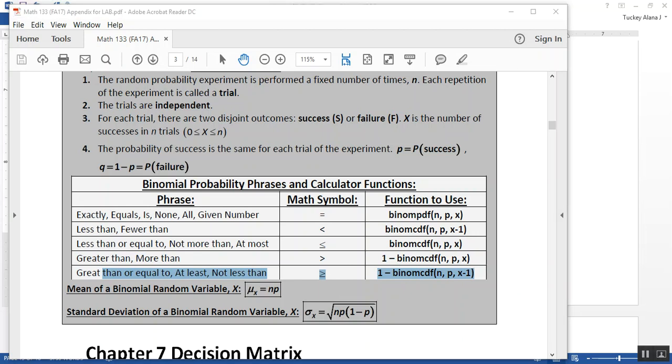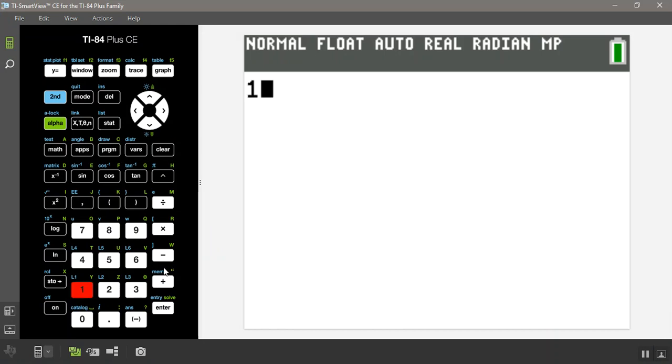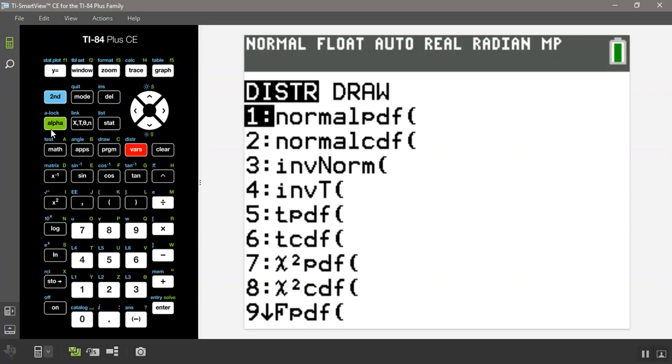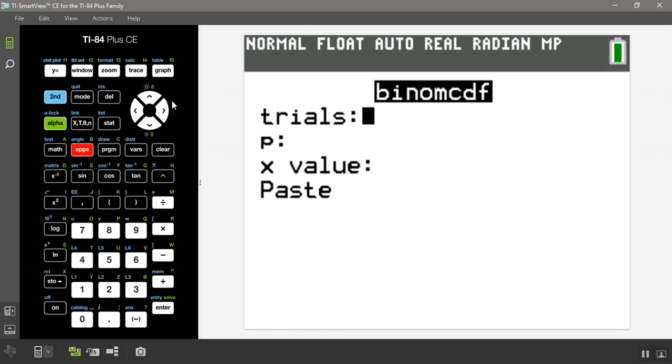All right, so let me pull up a calculator here. So I want 1 minus binomial CDF, so that's letter B, which, by the way, you can just hit alpha B because I know it's letter B and get there, or you can use the arrows and press enter, right? Always double check the top of your screen and make sure it's matching the one you want it to, which in my case it is because it's binomial CDF.